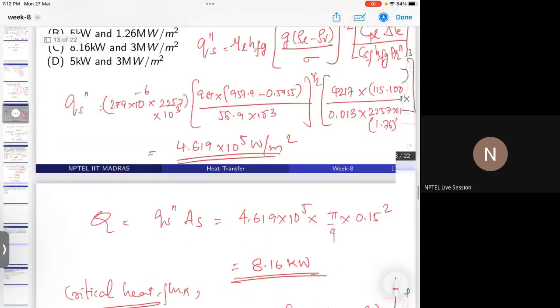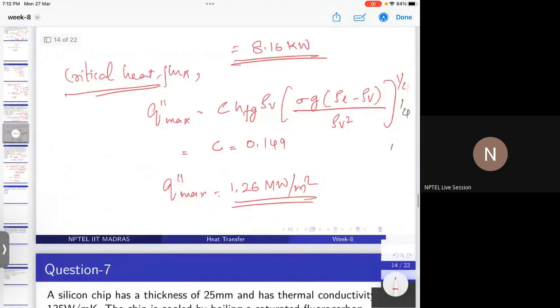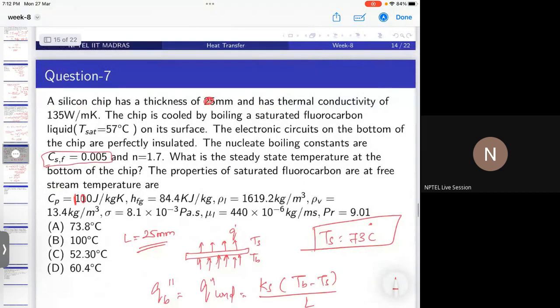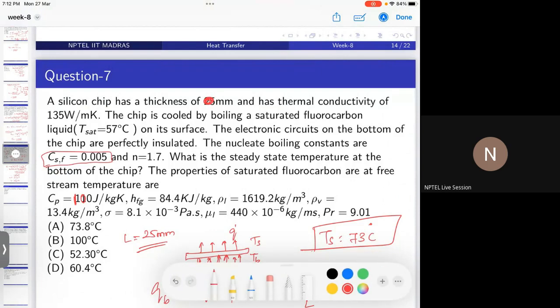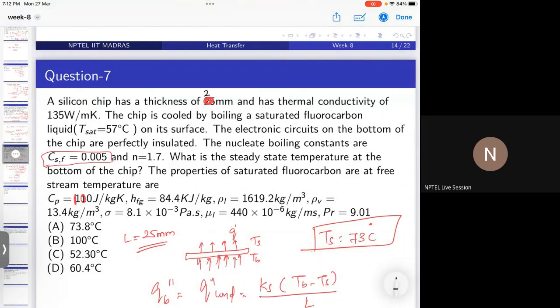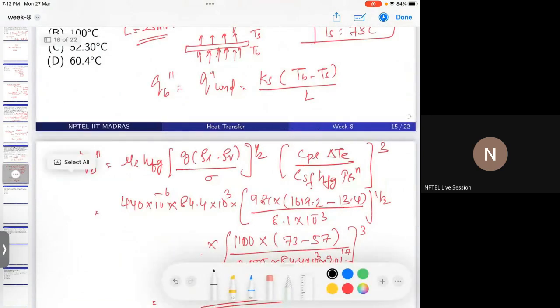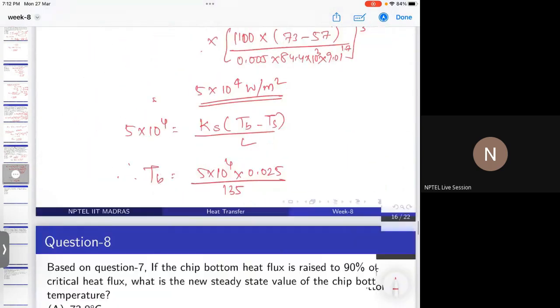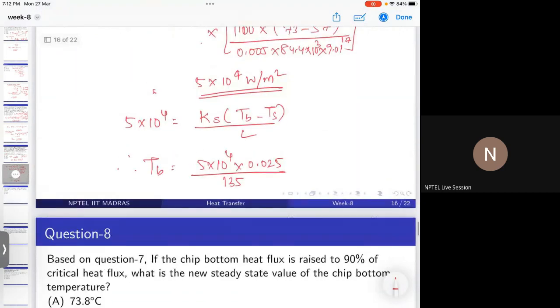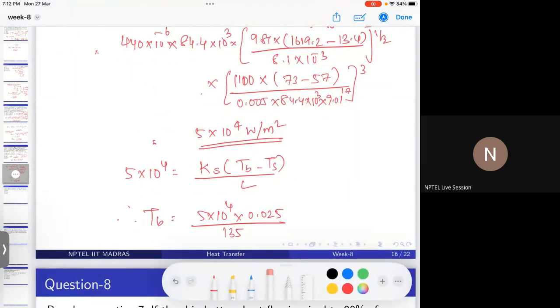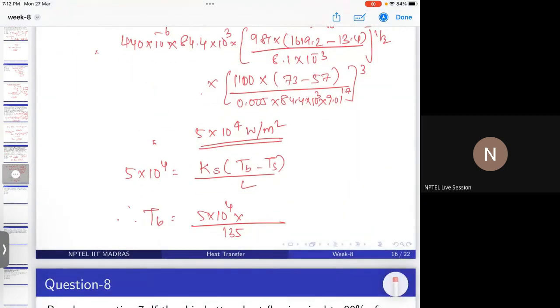So this is not 25 mm, sorry, this is 2.5 mm, because we cannot expect a chip of 2.5 centimeter thickness. This was a typing mistake. So 0.0025, plus 73.